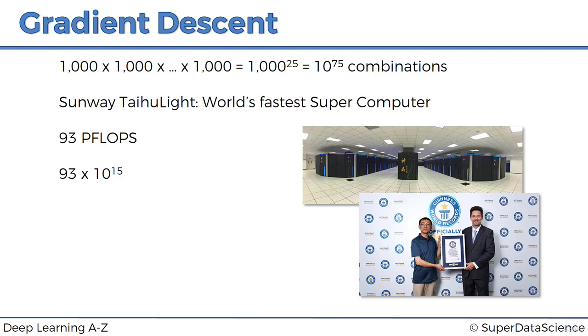But let's give it a head start. In an ideal world, it can do one test per floating point operation. That means it will still require 10 to the power of 75 divided by 93 times 10 to the power of 15 seconds to run all of those tests, to brute force through that network.